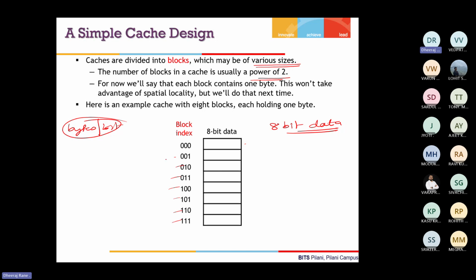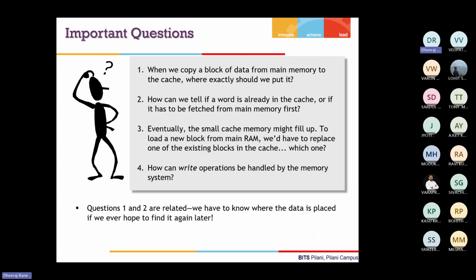So altogether it is 8 blocks. Okay, so data is also 8-bit and 8 blocks are there, right? So ultimately for addressing 8 blocks, I'll be needing 3 bits, and the data itself, which is 8-bit, right? So this is the basic structure.